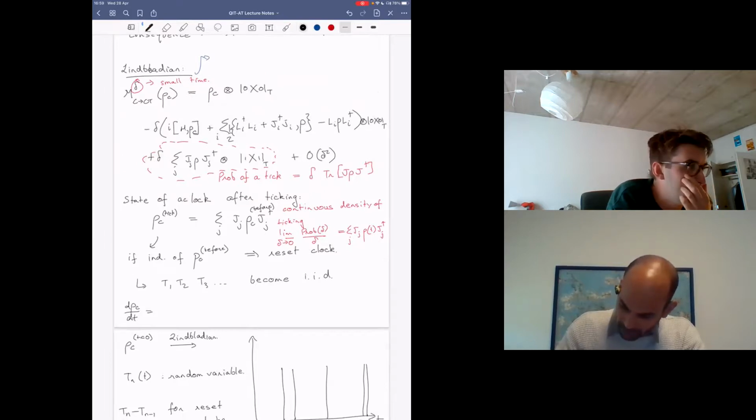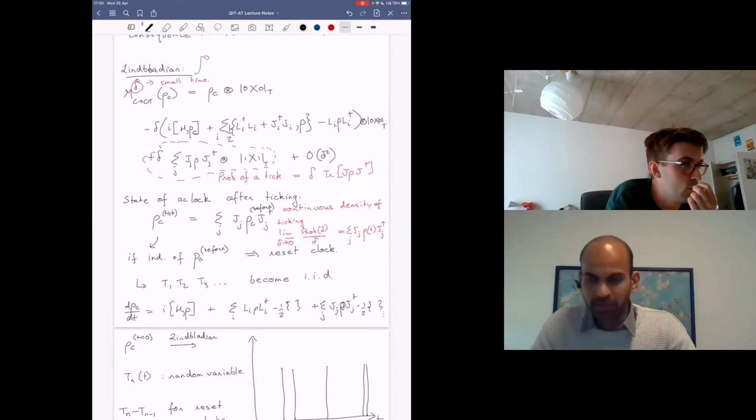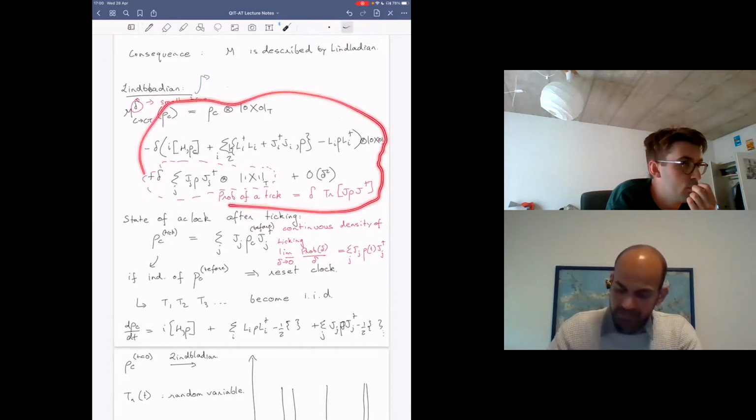What I will get is a normal Lindbladian: i[H, ρ] plus the sum over i of L_i ρ L_i† minus half the anti-commutator, plus the sum over j of J_j ρ J_j† minus half the anti-commutator. That's exactly a normal Lindbladian as we would expect if you just look at the clock. The only difference is that here we've written the evolution for both the clock and the register together.